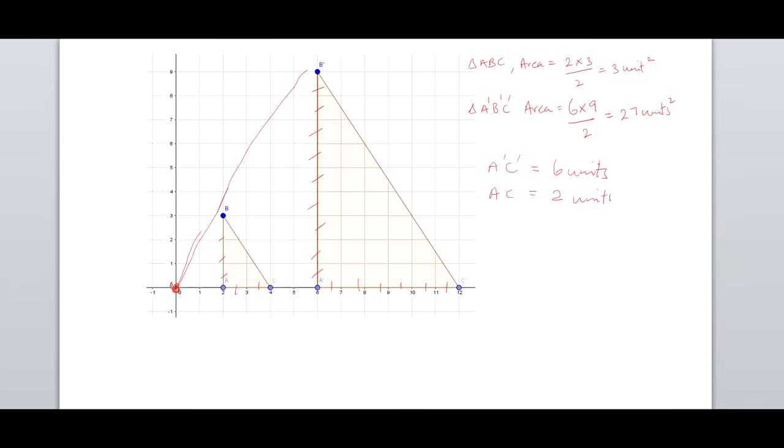Just by looking at these two numbers, we know that the scale factor k is equal to 6 over 2, which gives me 3. I can also look at A prime B prime, and that length is 9 units, and AB is equal to 3 units.